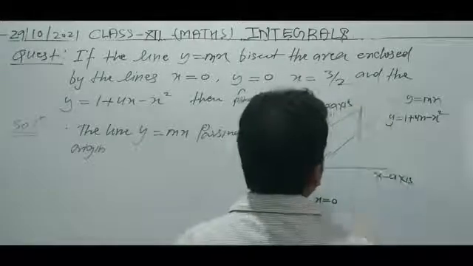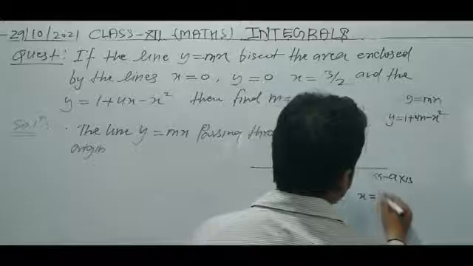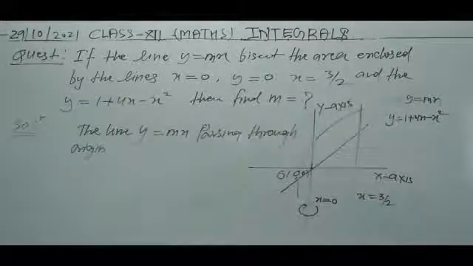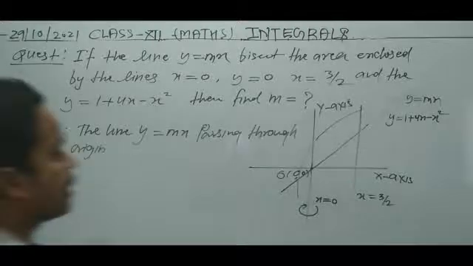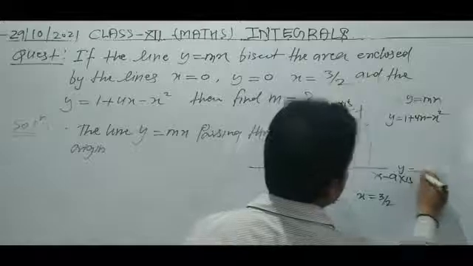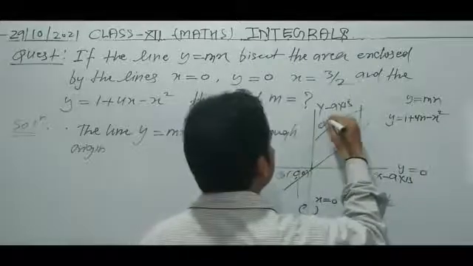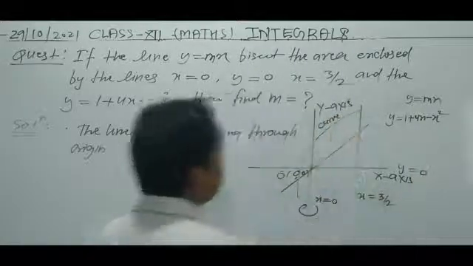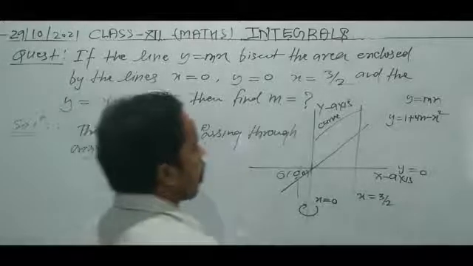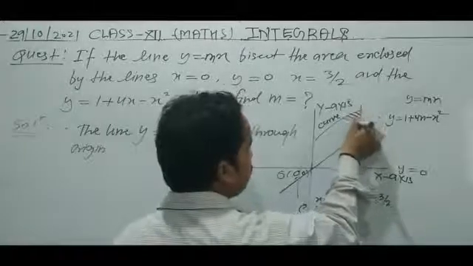You can suppose this is the line x is equal to 3 by 2, because we have not been given information whether this line intersects or not. So this is x is equal to 0, x is equal to 3 by 2, this is the line y is equal to 0, and this is the curve. We have to find out this area. This area we have to calculate.